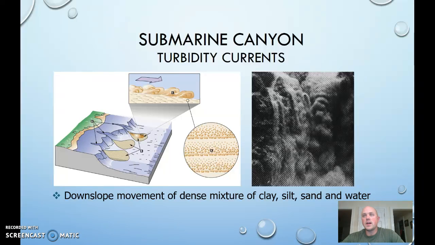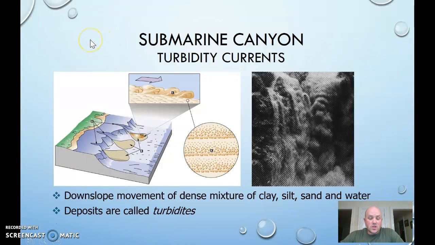It's kind of like when you put your hand underwater over some mud and move it around. You have a whole bunch of stuff moving along the bottom, but it's not spreading all over the water. It's still relatively close to the ground. That's sort of what a turbidity current is.